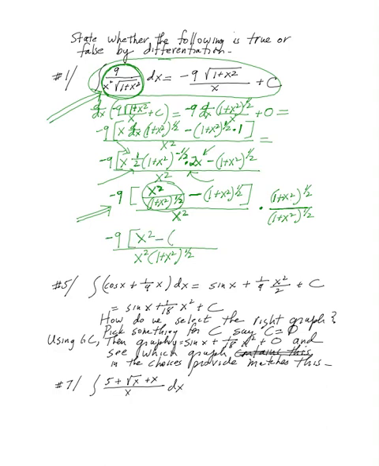Minus, these parentheses are very important, 1 plus x squared to the 1/2 times 1 plus x squared to the 1/2 is just 1 plus x squared. The square root of something times itself is just that something.